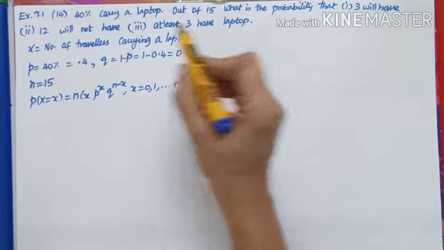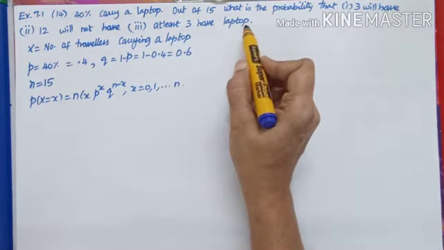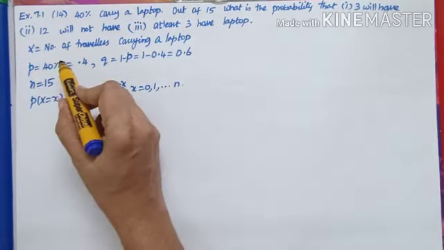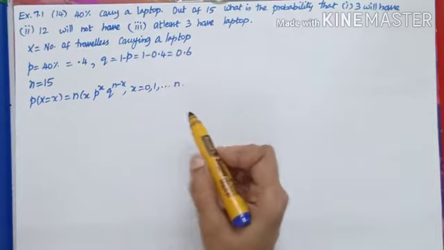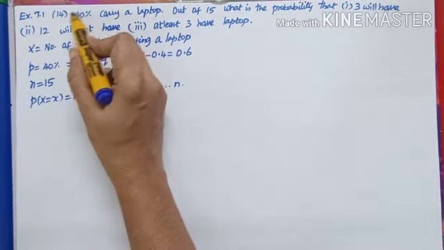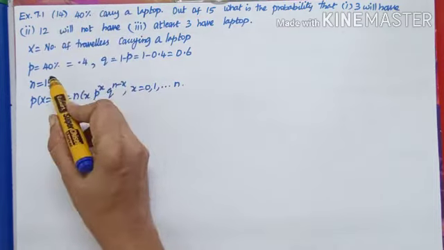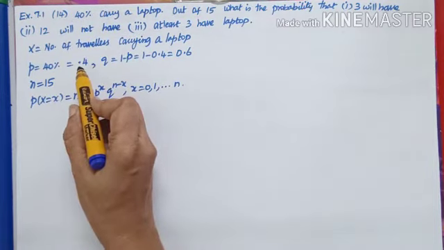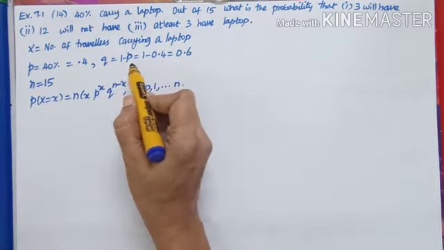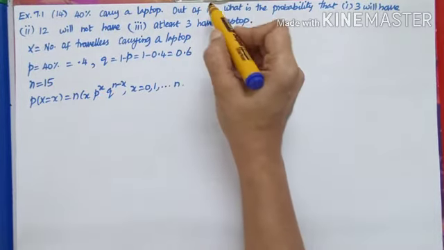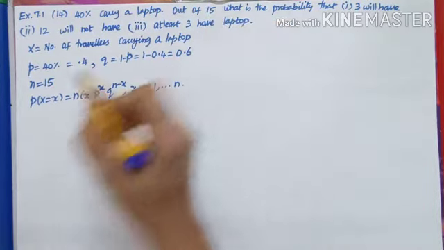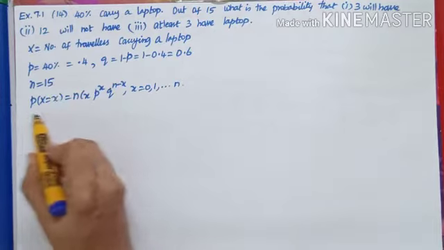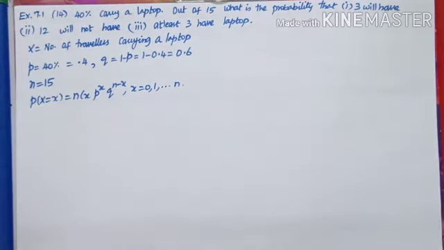Let us consider the question is about carrying a laptop. So, X is the number of travelers carrying a laptop. P, the probability of those who carry, is 40%, which is 0.4. Q will be 1 minus P, that is 0.6. Out of 15 such travelers, so N is equal to 15, and we write the binomial distribution.